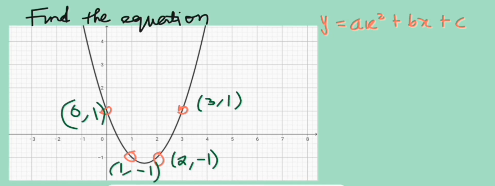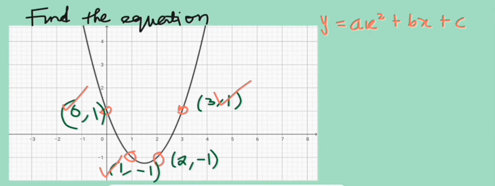We'll be making use of this, and this. So we plug in each point into the equation, the standard form, in order to get the corresponding equations that we solve to get the values of a, b, and c.